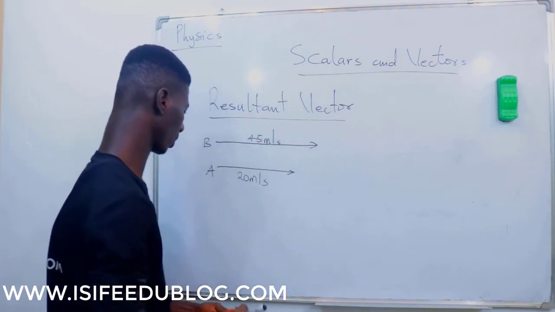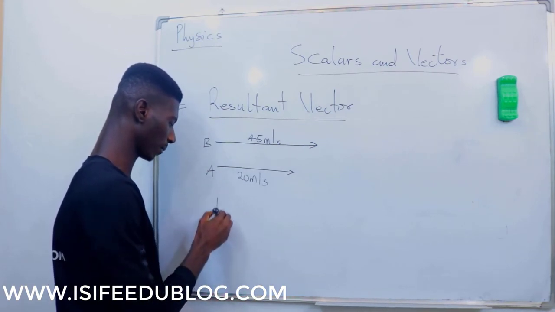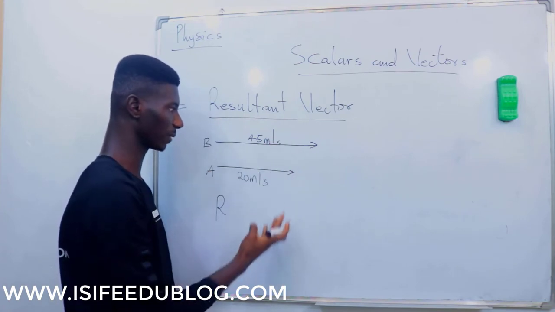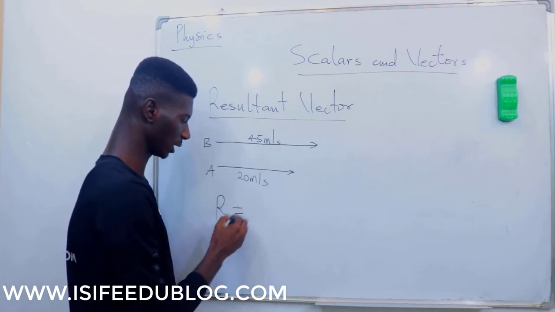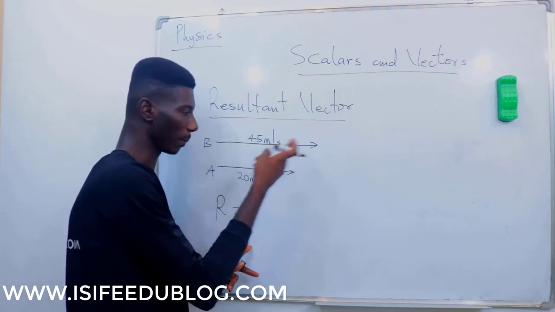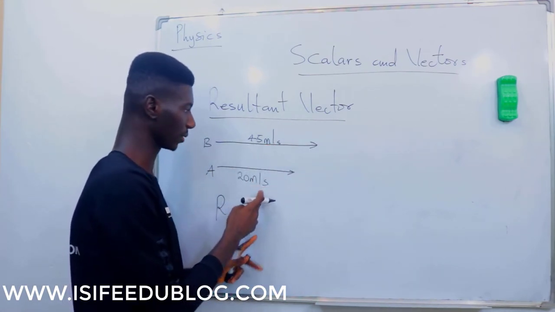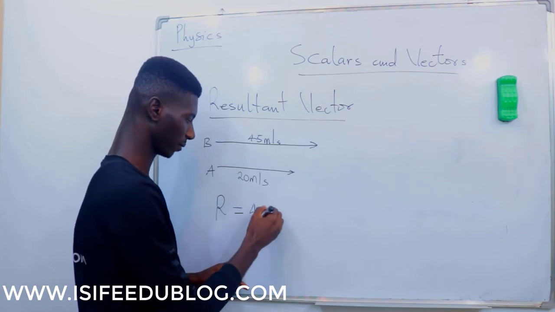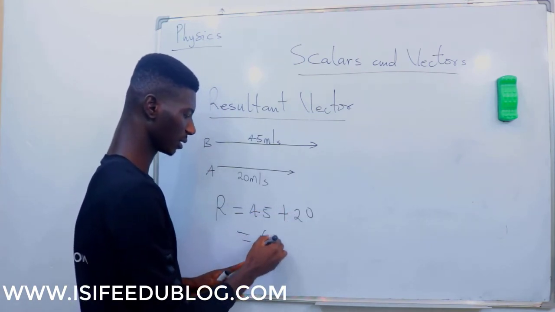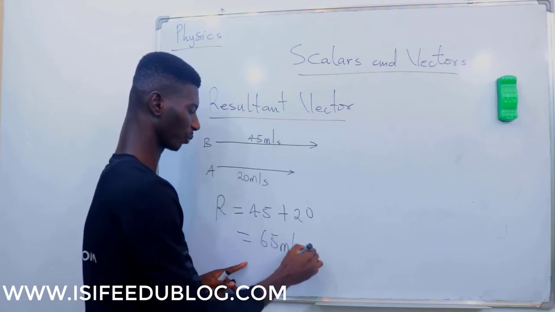This is very simple. The resultant, or you can use capital V since you are referring to velocity, is equal to the magnitude of this plus the magnitude of this. So we have 45 plus 20, which gives us 65 meters per second.